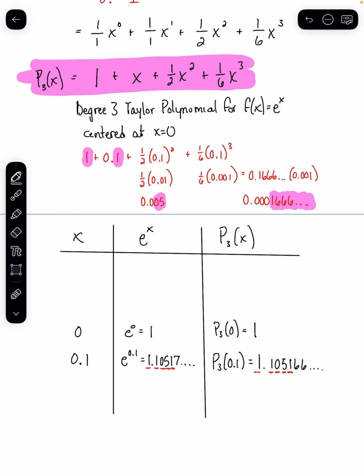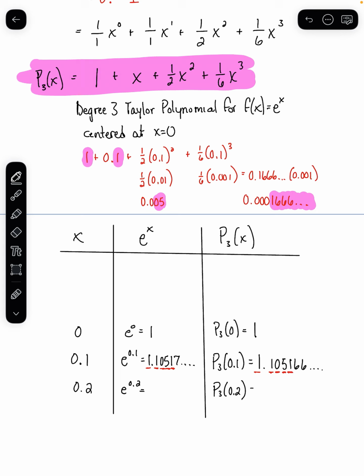That's an incredibly accurate representation. It is within 100,000th of the actual value of e to the 0.1. And we're going to speed this up a little bit. We're going to go a little bit further away from our centering value.